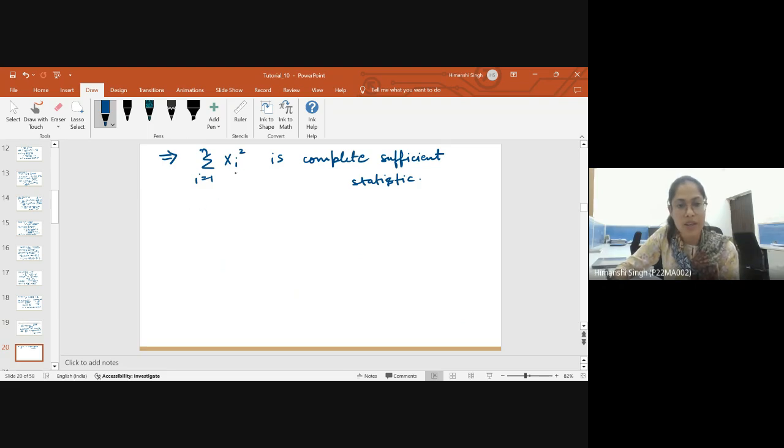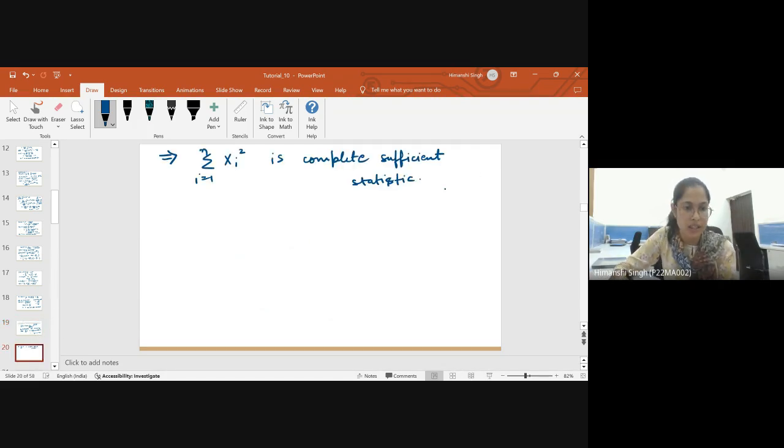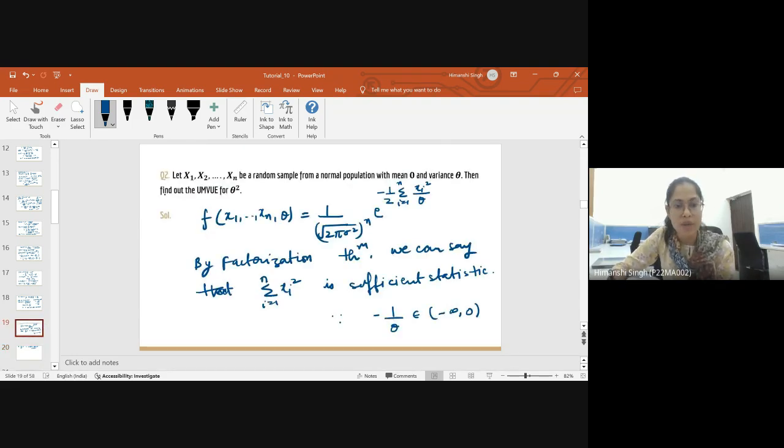Okay, so this is a complete sufficient statistic. Now what I need to find out in the question is the uniformly minimum variance unbiased estimator for theta square.